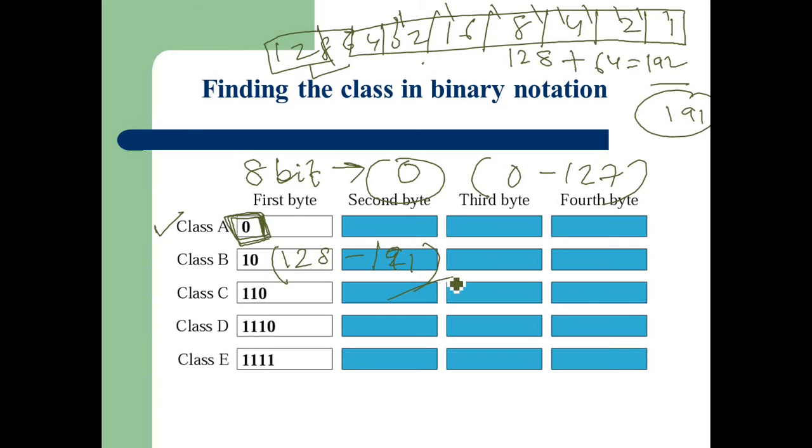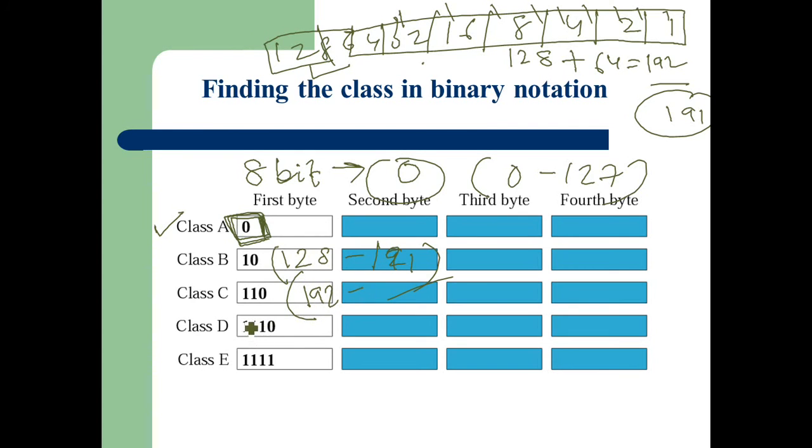Okay, now similarly, in case of class C, the value will start from 192.